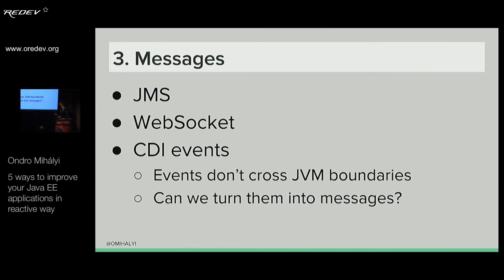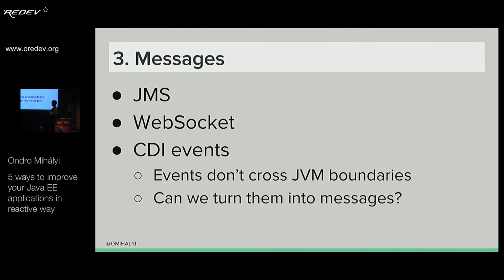There are some options in Java EE. We already saw how WebSockets can be used to update data in the browser. You can also obviously use WebSockets between two Java services. You don't have to send it only to the browser. And there are also CDI events, which by the standard only work within one application.